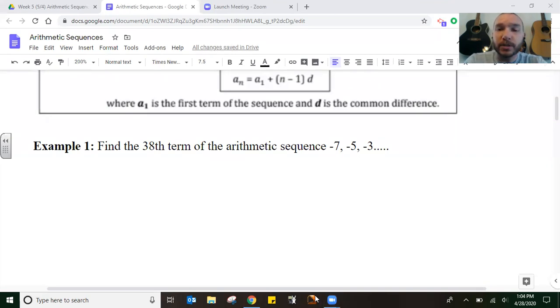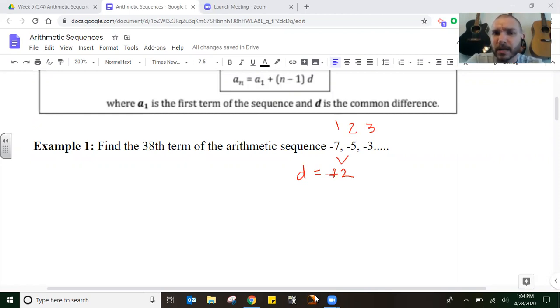However, the first thing we need to do is find D. So the difference between -7 and 5 is +2. So that's our D value. Our D value is +2, okay? Now again, we could add that because this is n equals 1, first term, second term, third term, and then we could just go all the way to the 38th term, but that would take a long time.